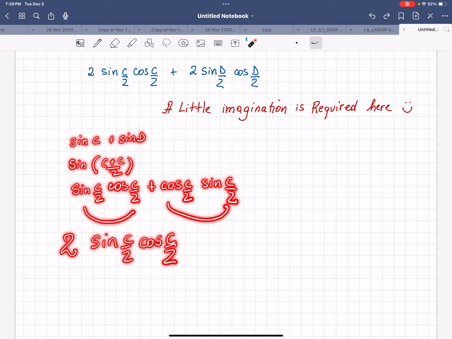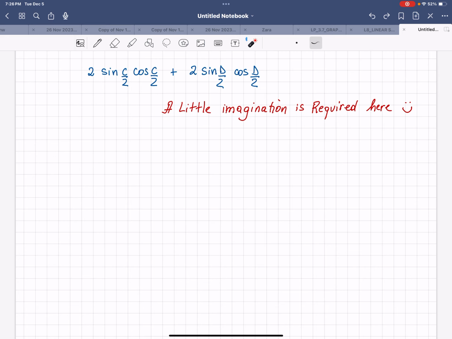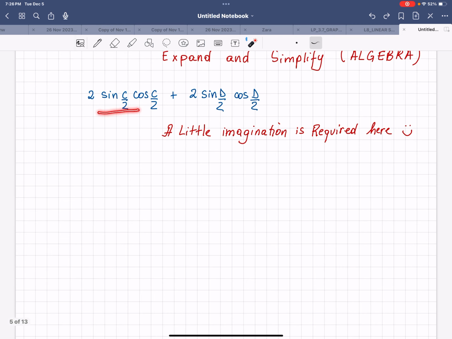And sometimes it's a good idea to go back and forth, left side, right side, just so that you can see a common middle point where you can create an idea of in what direction you would go here on the right side. So in what path is the left side leading us? And that can give us an idea of what to do with the terms we have. So now I know that this double sine c over 2 cos c over 2 is nothing but, I'm going to break each term into a sum, right?